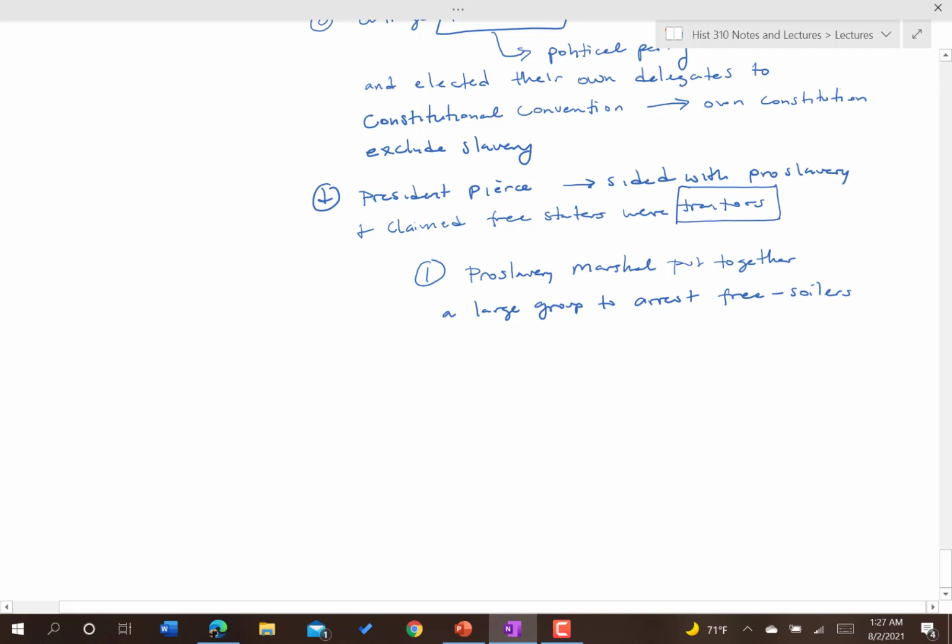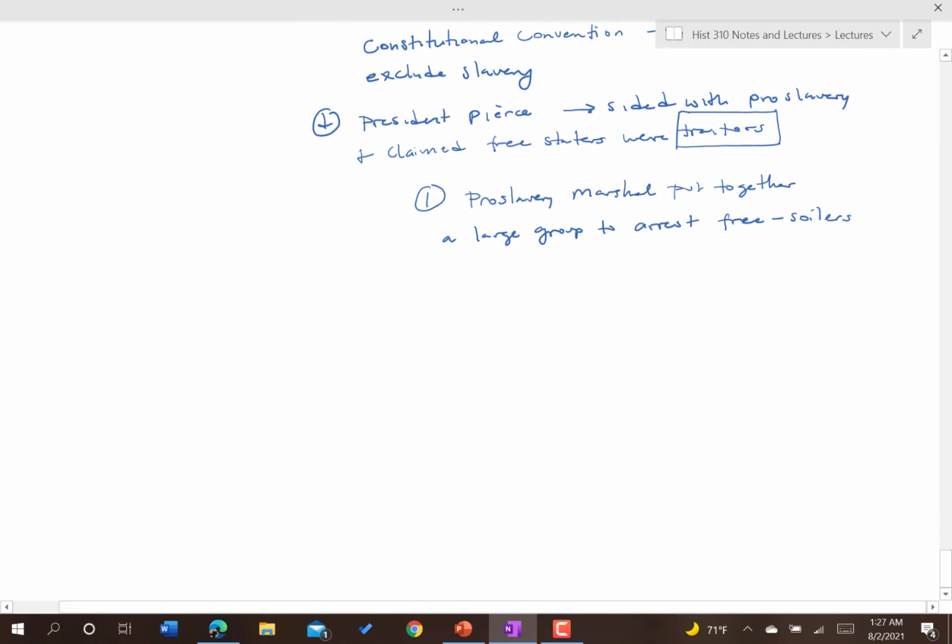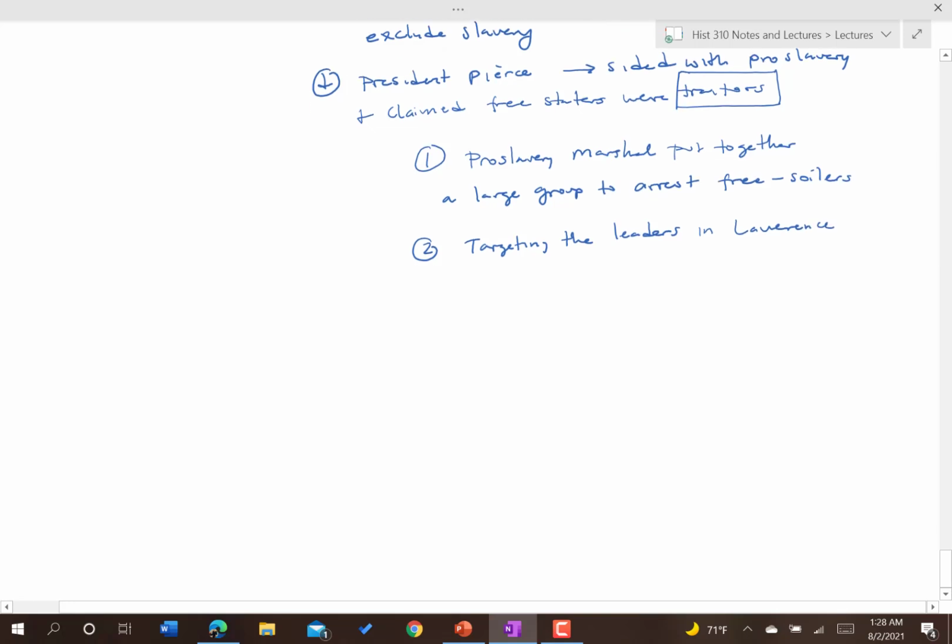Right, and then based on President Pierce's support, they felt they had justification to do this. They specifically were targeting the leaders of the group with their headquarters in Lawrence. What ends up happening, though, is that they do arrest them, but then they don't just stop there.